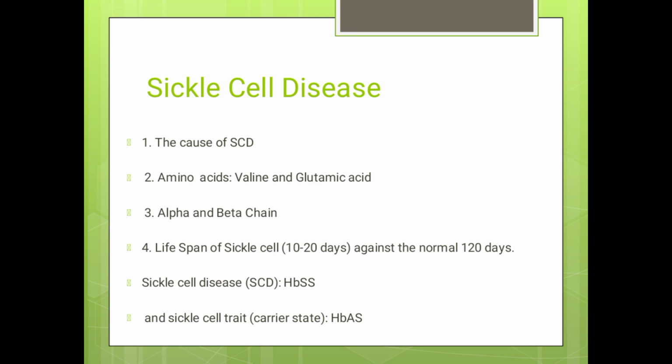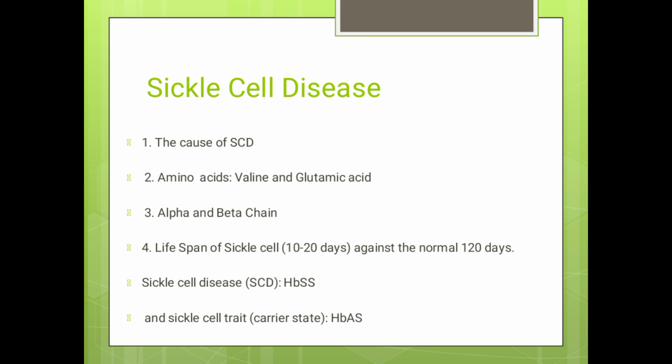The normal thing should be glutamic acid attached at the beta chain of the hemoglobin at the sixth position. But when it is displaced biochemically and valine is attached there, that is what causes sickle cell disease.